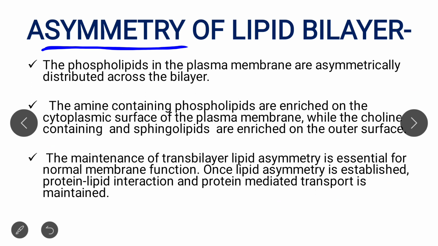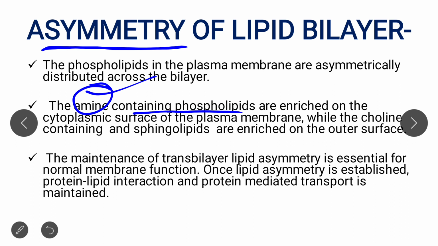See the amine containing phospholipids. What are examples of amine containing phospholipids? Phosphatidylserine and phosphatidylethanolamine, which I discussed in the previous lecture yesterday. So amine containing phospholipids are basically what?